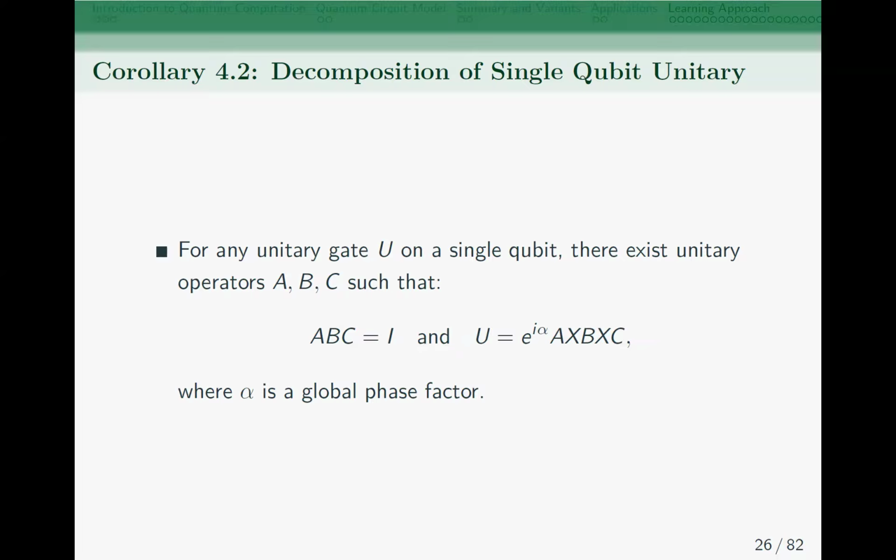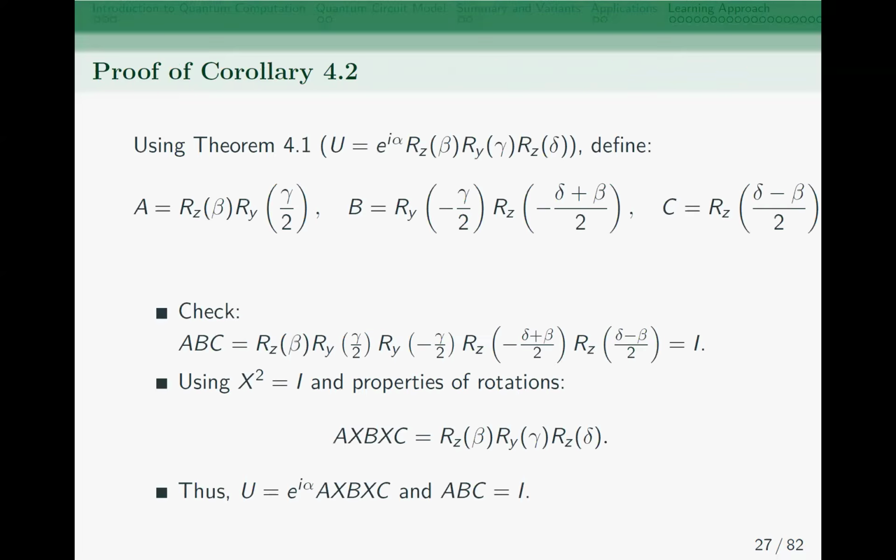Okay, so this theorem is weird, but we will use it, but let's quickly prove it. The proof is simple. You first notice that you can decompose U into alpha, beta, gamma, delta.